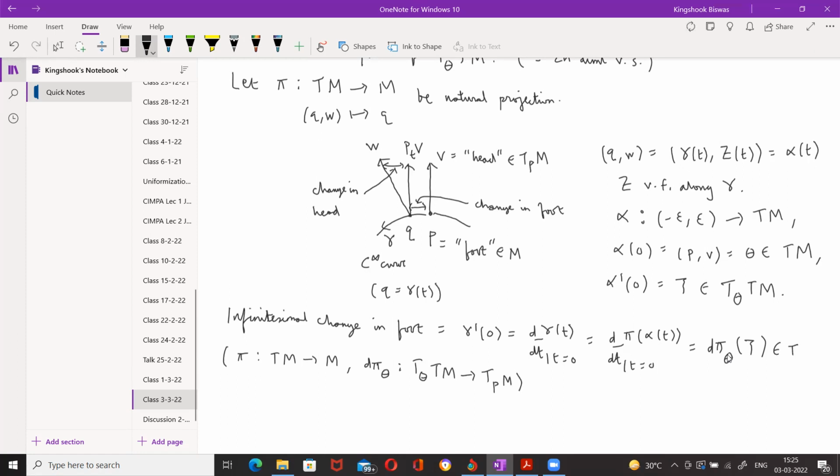This is an element of T_pM. Is this clear? Any question?